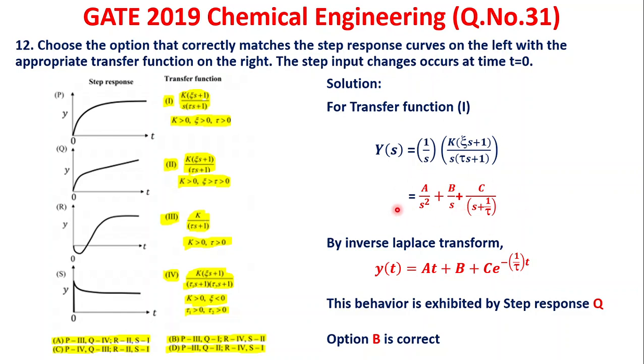Now, if you see the nature of the response, a by s square means at, b by s means b, this is c into e power minus t by tau. What is very clear from this is, initially it is rising linearly and you have a constant, and this c into e power minus t by tau, as time tends to infinity, this is going to be 0.